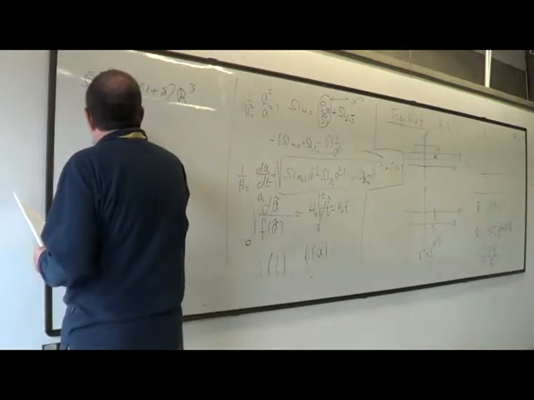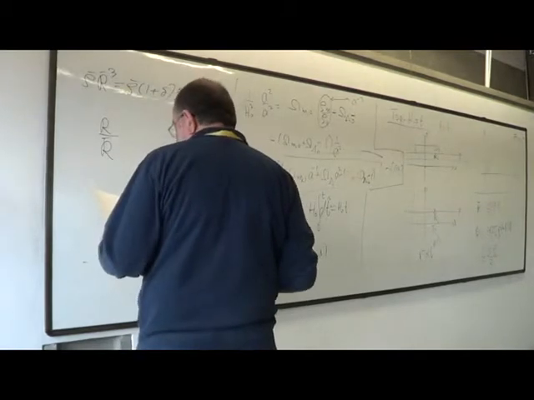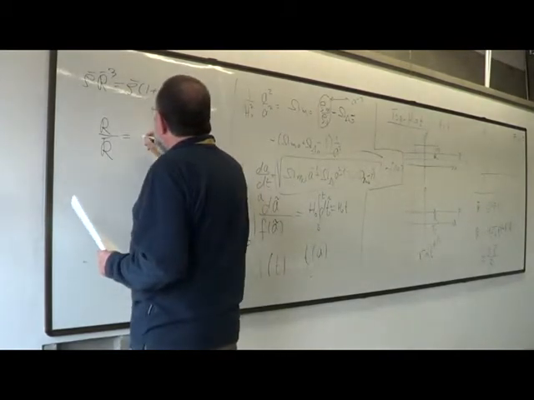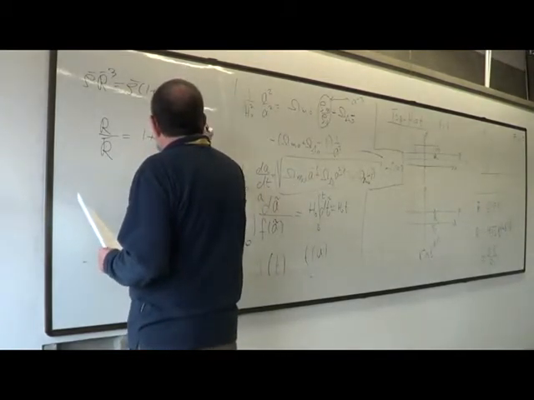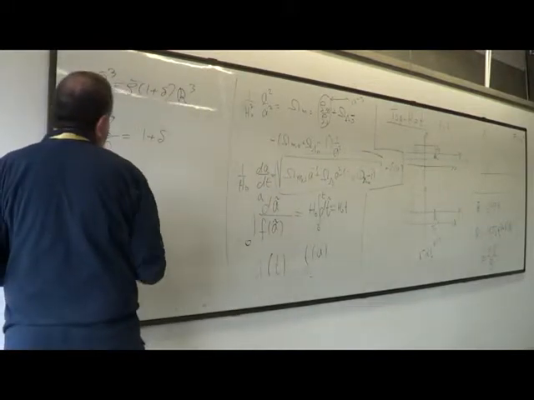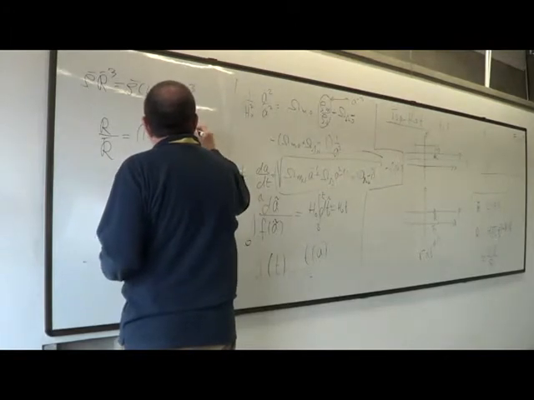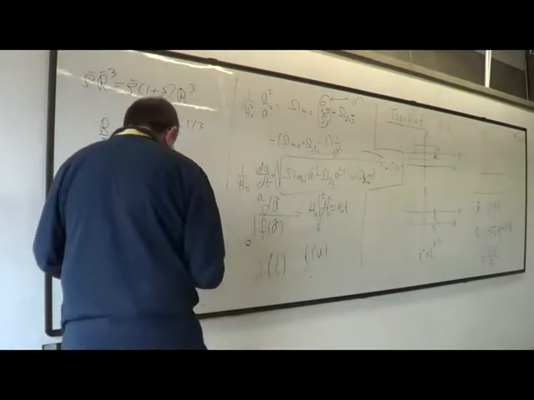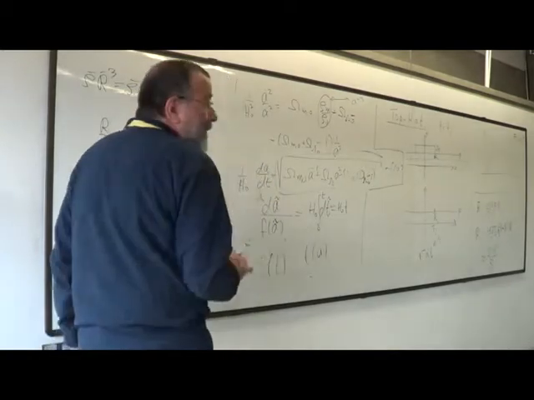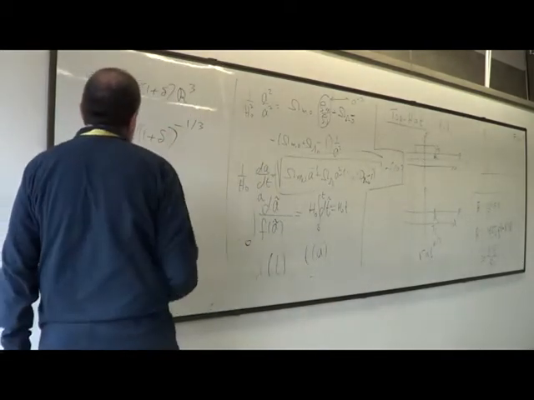So what I have is R over R bar equals 1 plus delta. You remember, everything here that I'm writing is actually a function of time, okay? And now comes the critical stage where I'm linearizing this relation.